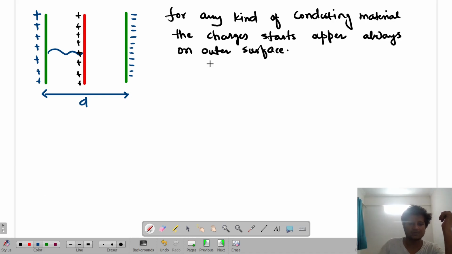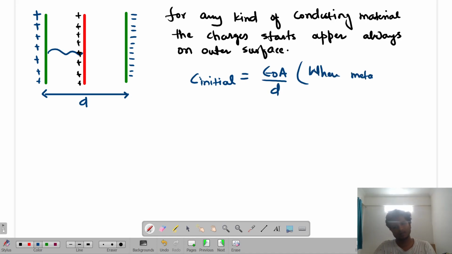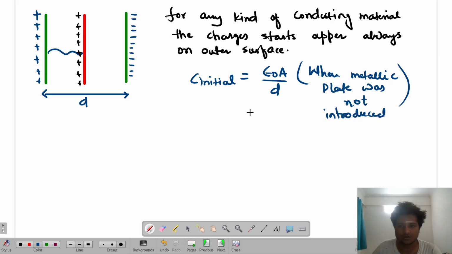So initially C initial was how much? Epsilon naught A by D, when the metallic plate was not introduced. Right or not? Now when I introduce the metallic plate, what will happen?